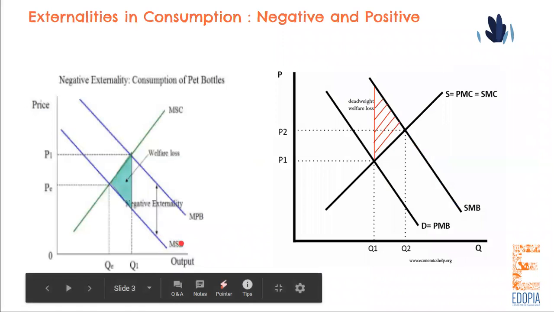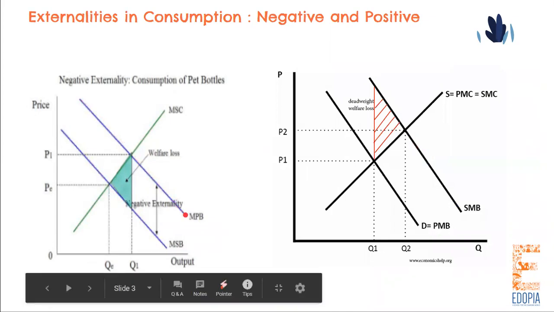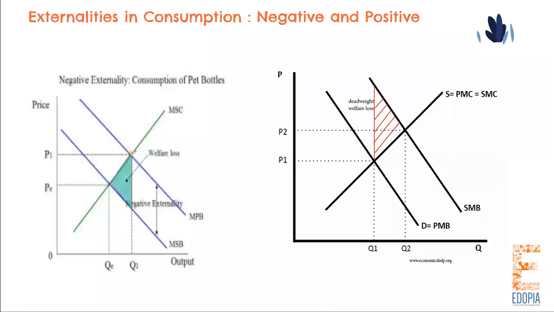So our marginal social benefit is this curve, whereas our marginal private benefit is this curve, which shows that we are over-demanding a particular product. So our point of equilibrium under the free market forces becomes this point, that is Q1 and the price is P1. We're not realizing the external cost of that particular product, or the negative externality that particular product is producing.